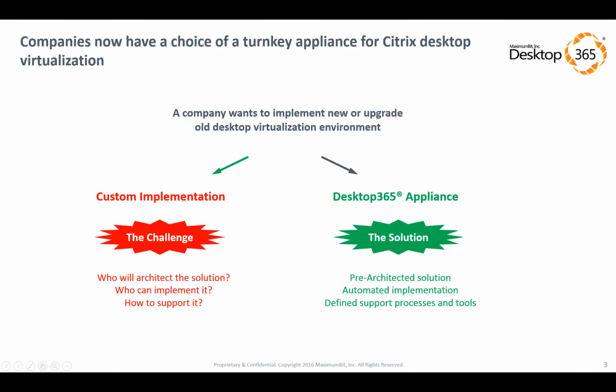So what is the Desktop 365 appliance offering about? All of us know that Citrix is deployed on a project basis, and most of those deployments today are done as a custom implementation.